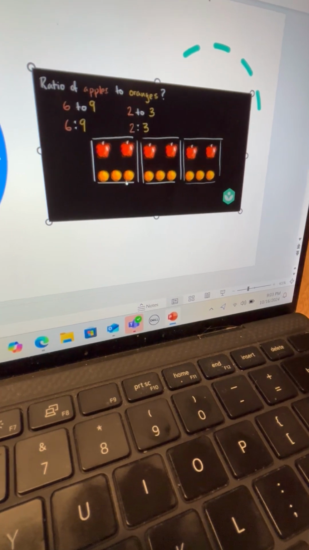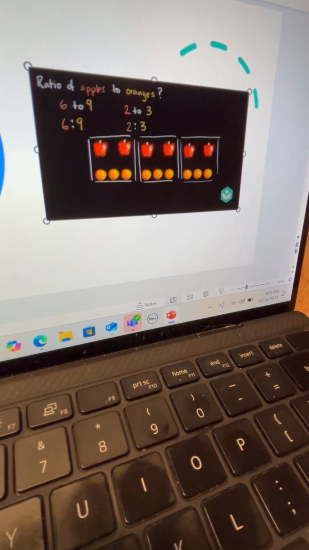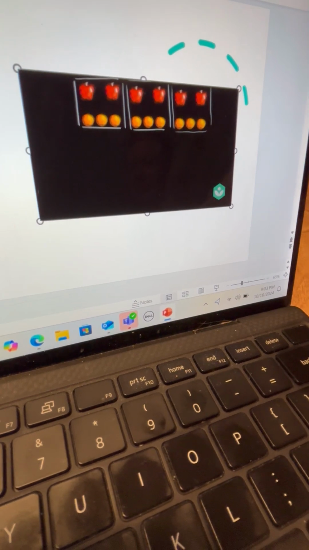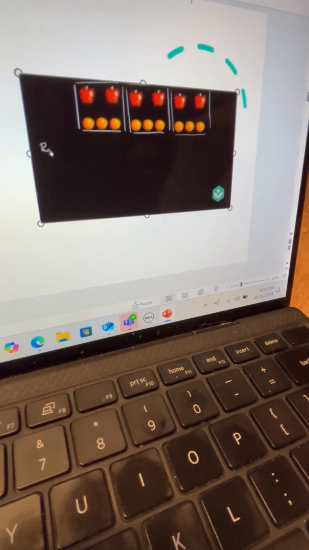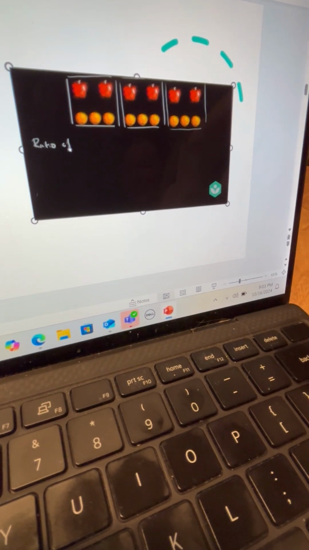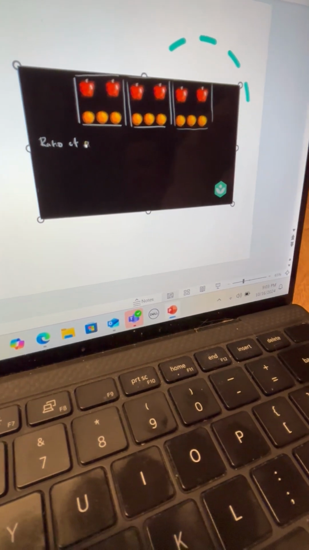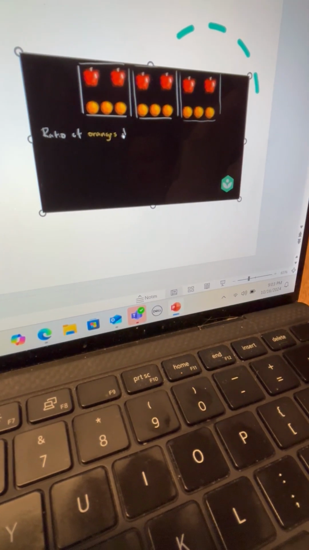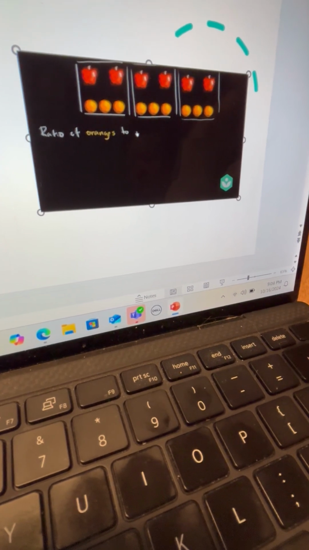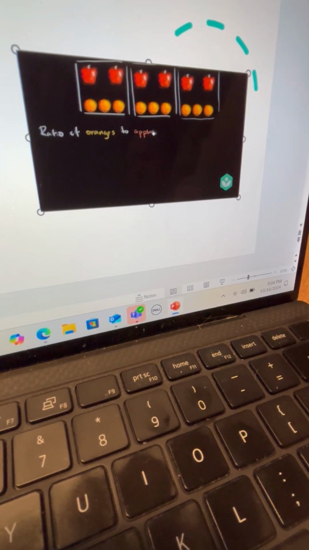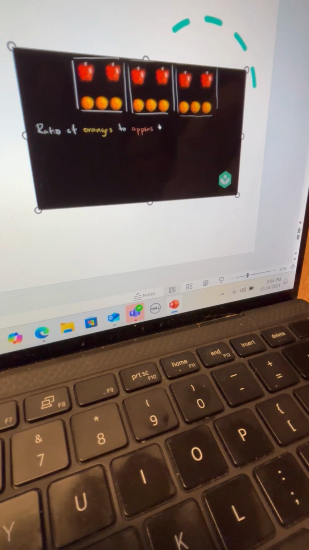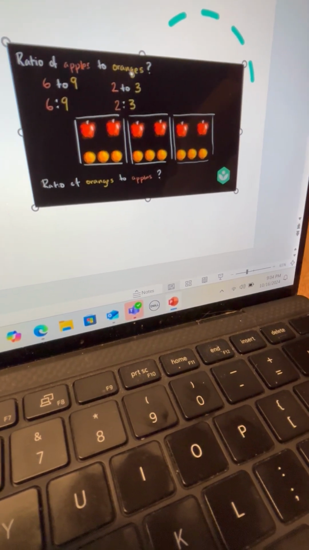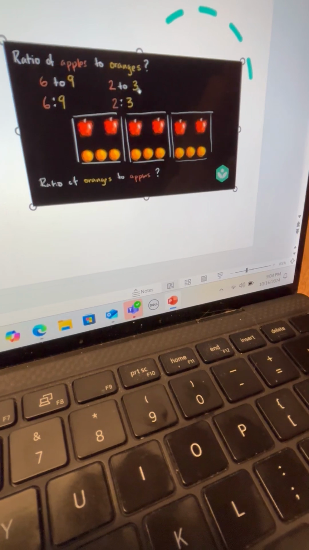We could also think about things the other way around: the ratio of oranges to apples. Here we essentially switch the numbers. Up here we said apples to oranges, which is 6 to 9, or 2 to 3 if we reduce.